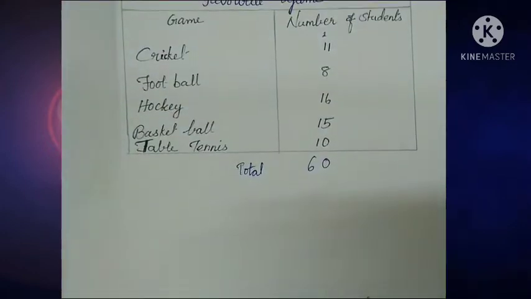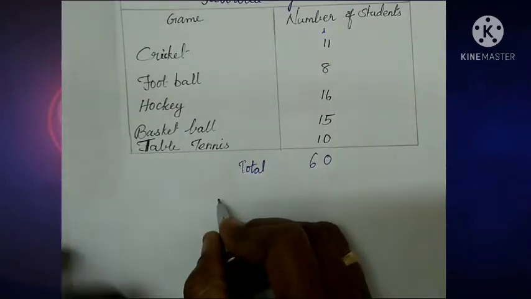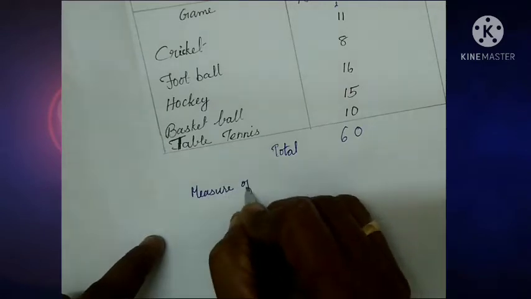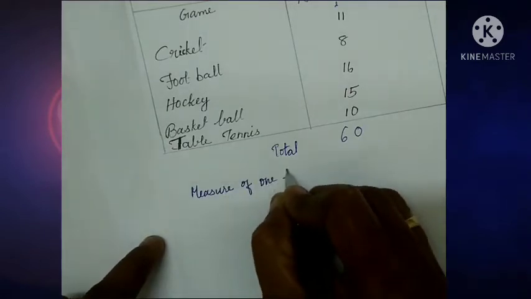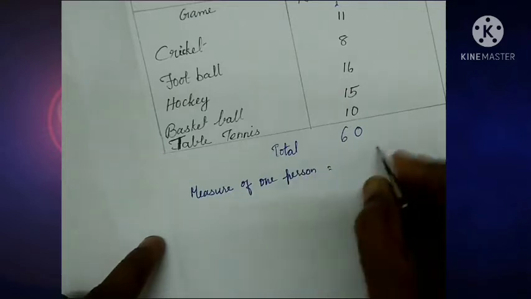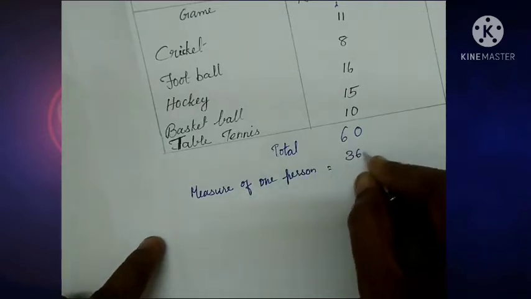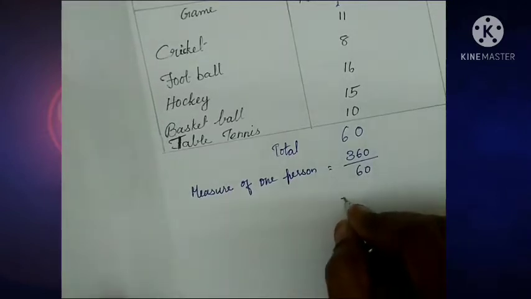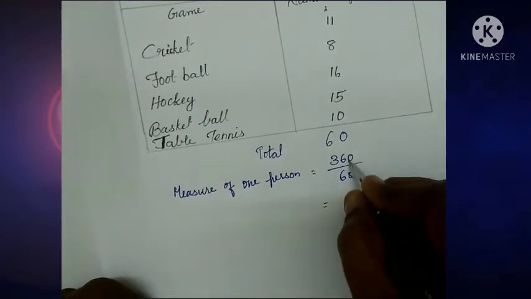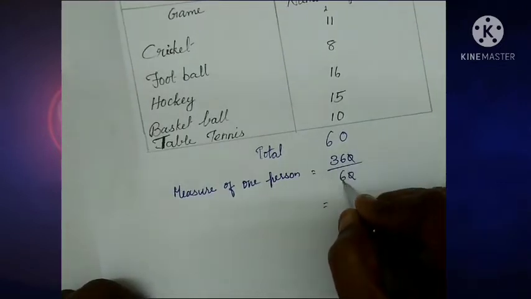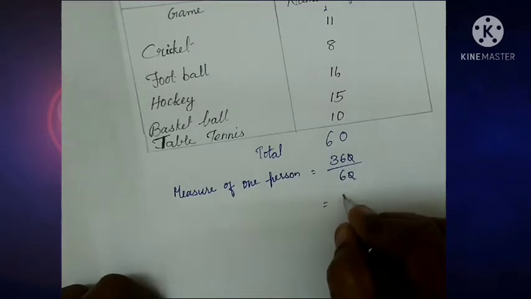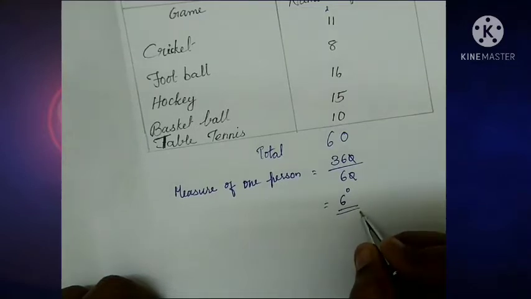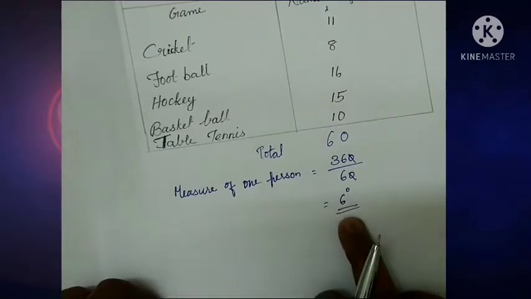So we want to find out 360 divided by the number of persons, that is 360 divided by 60. Then you get the measurement. 0, 0 cancelled. And 36 divided by 6, what is the answer? Yes, 6 degree is the measurement of one person. Understand all of you? The measure of one person is 6 degree.